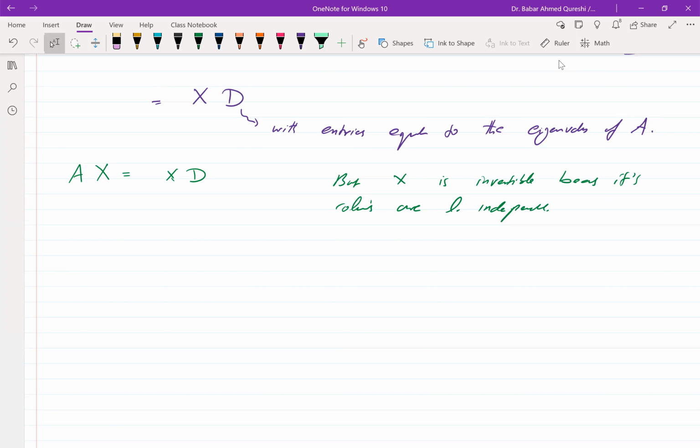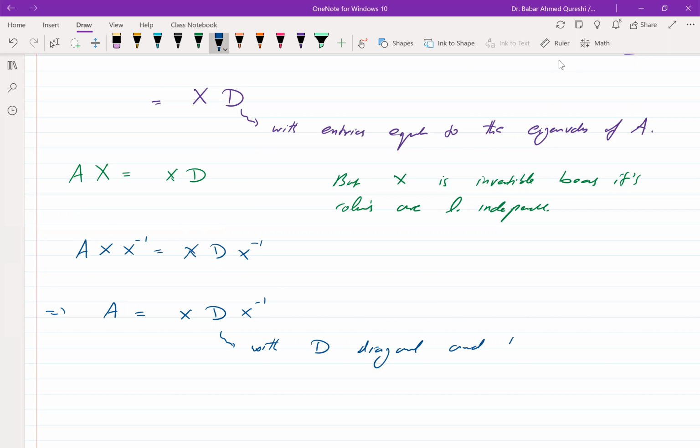Actually, it's invertible if and only if its columns are linearly independent. So it's invertible, that means I can multiply with X inverse. So that means A is indeed X D X inverse with D diagonal and having eigenvalues of A on the diagonal.